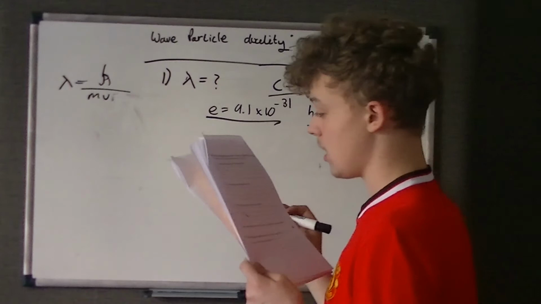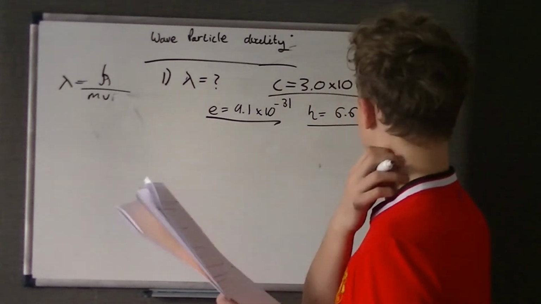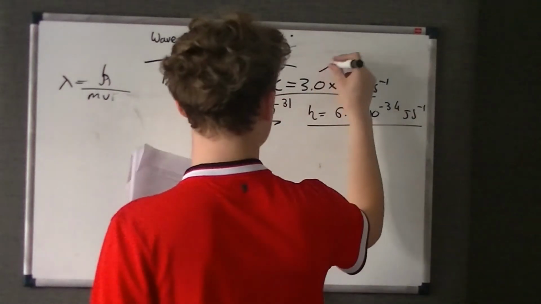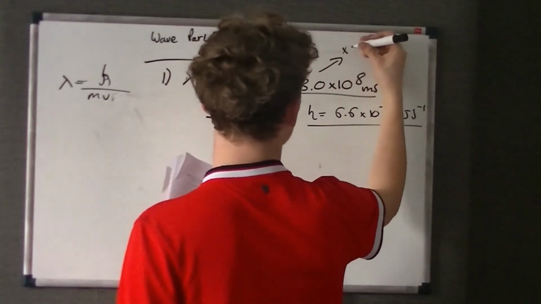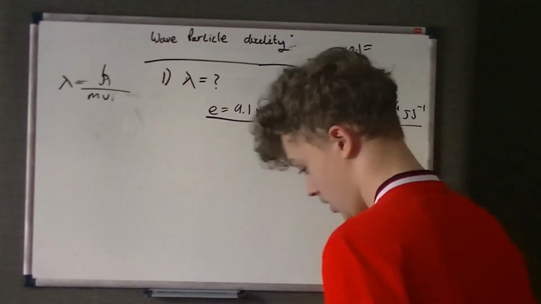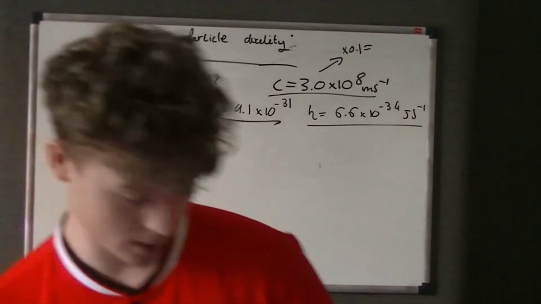It says an electron moving at 1/10 the speed of light, so we times it by 0.1, because it's a tenth. Let me get my good old calculator out.